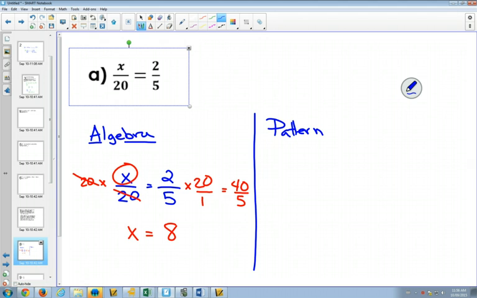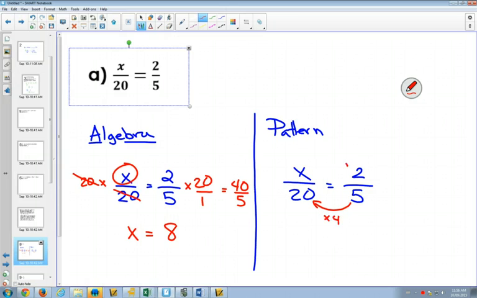The pattern way is a nice way because you can often see things and do mental math without having to use your calculator. For example, here the pattern way is I have equivalent fractions. What would I have to multiply the 5 by to get a 20? I'd have to multiply it by 4.